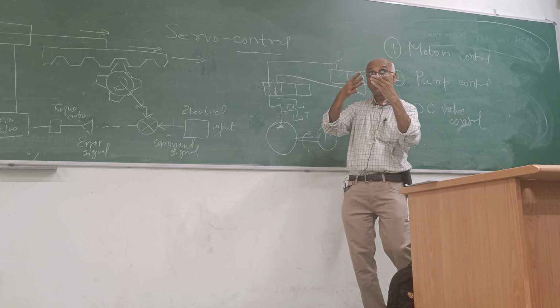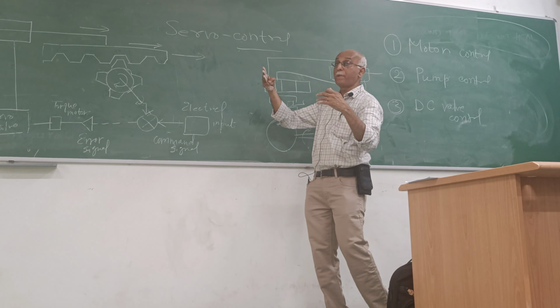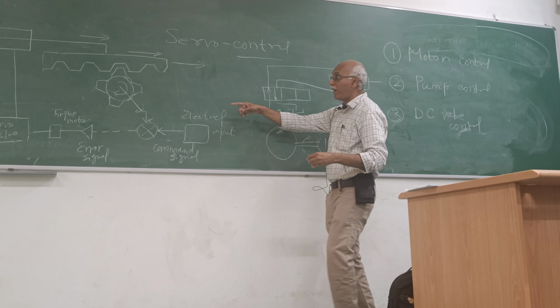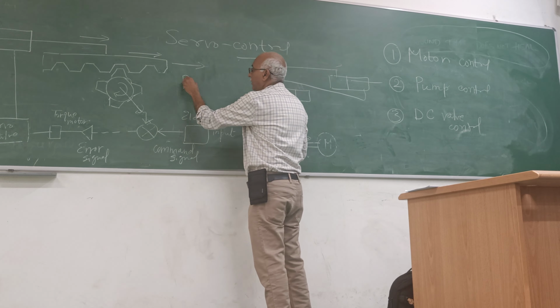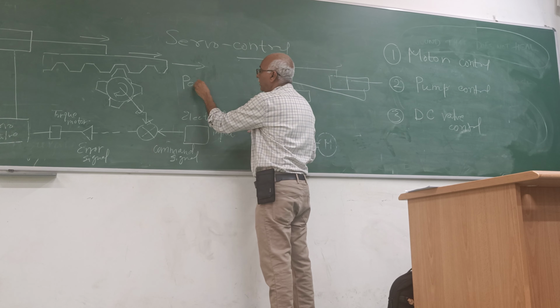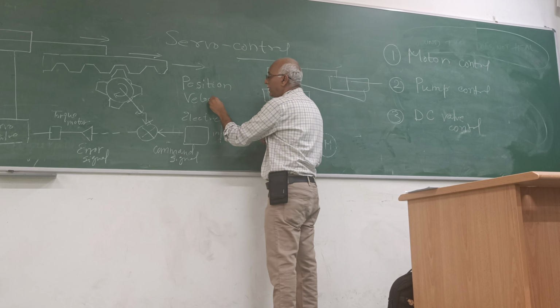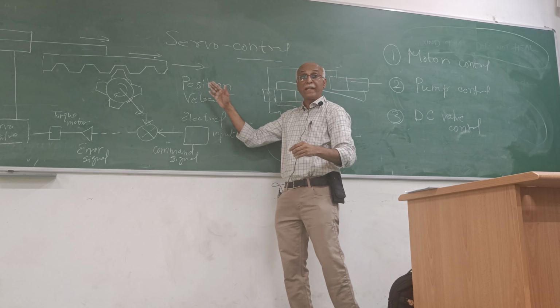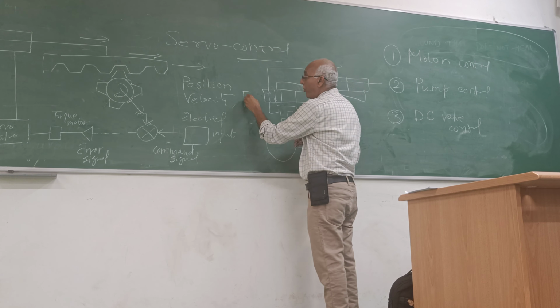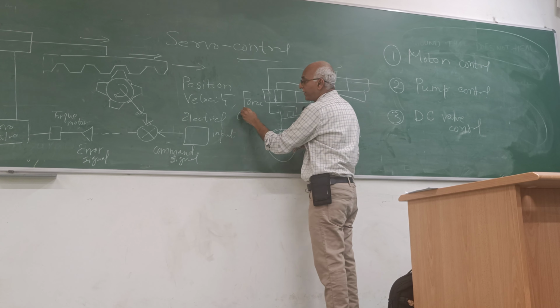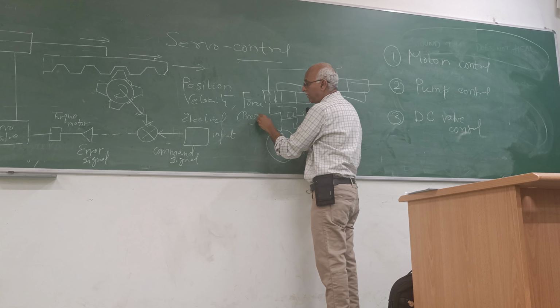Now, what are the signals which can help us to control this? One is the position. It can be speed, I want to control the speed, or it can be force or pressure build up.